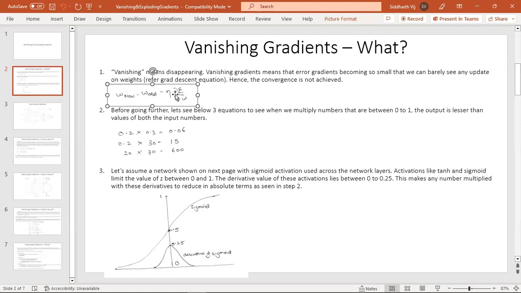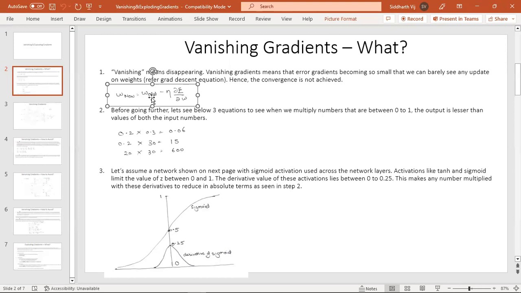Here we are using the error gradient. Now if the values of gradient become very, very small or very minute, in that case, the update of the weight will be very minute. And if that is the case, we will see that the minima is achieved very late, or it just keeps on going in a loop without even achieving the global minima.